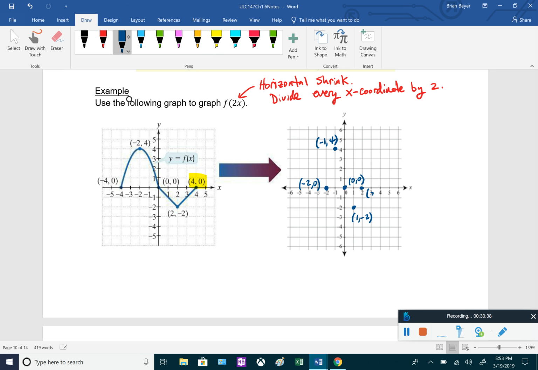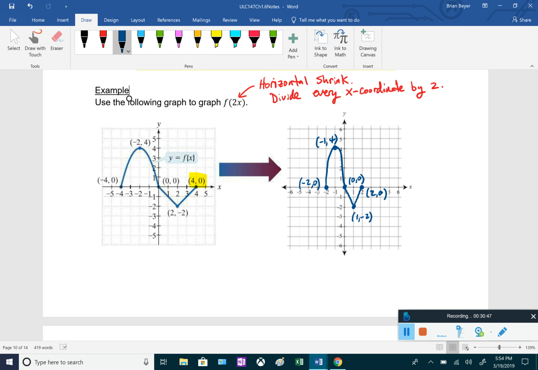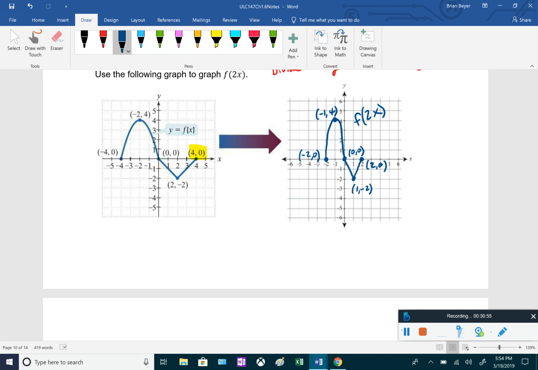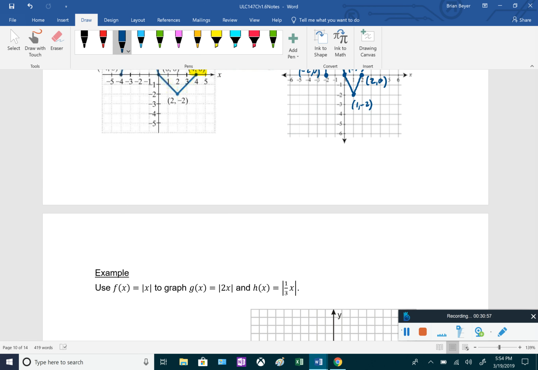So that's 2, 0. So now just connect this in that same shape that we just had. And it'll look something like this, where this is f of 2x. Okay, so one more.